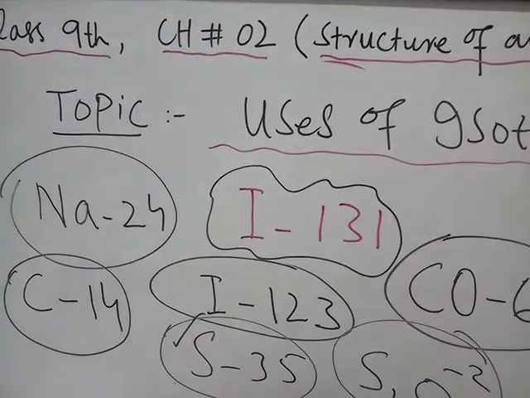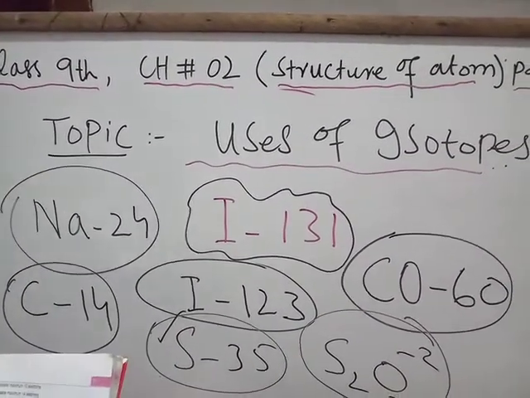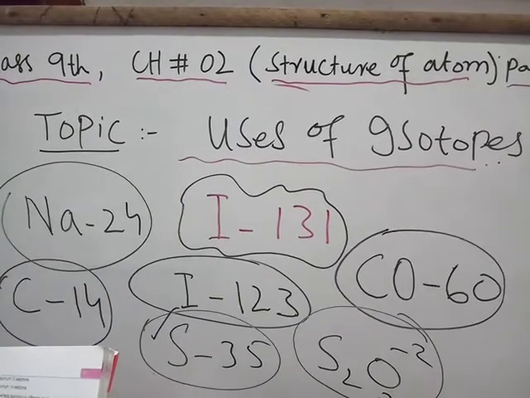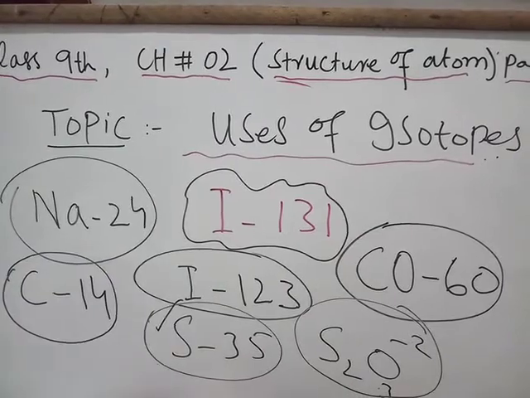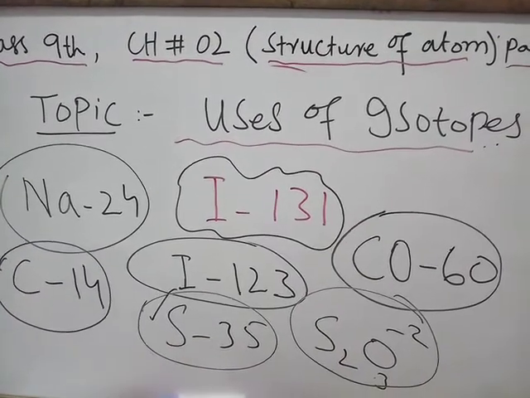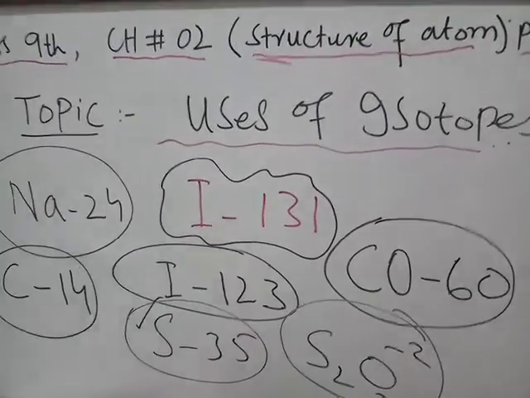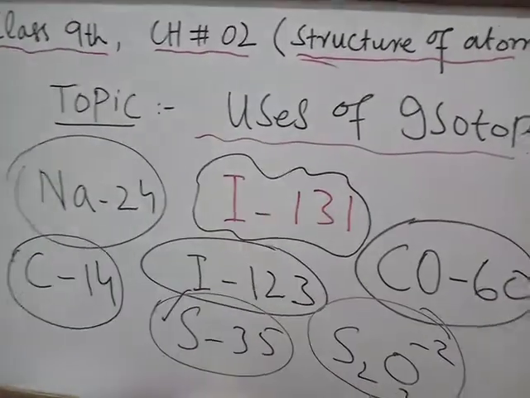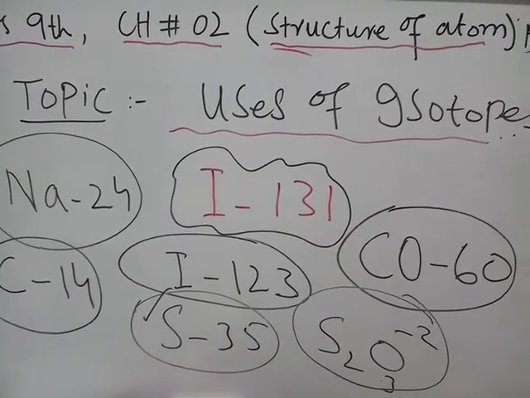There is also a short question in your book, at page 36, that what is the use of carbon 14 and how it is used to determine the age of fossils or mummies. So this is an excellent technique, and this technique is called carbon dating.